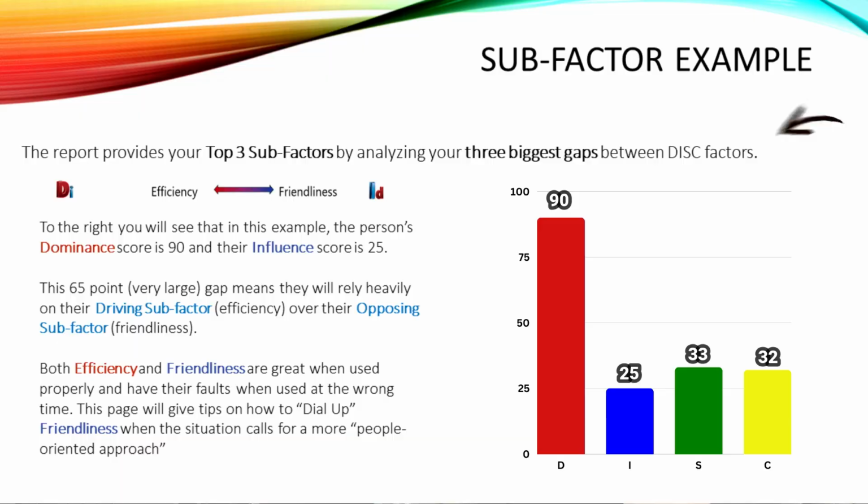So over here, it says the report provides your top 3 subfactors by analyzing your biggest 3 gaps between the DISC factors. To the right, you'll see in this example, the person's dominant score, as we already mentioned, is 90. Their lowest score is their I, and that is sitting at 25. So their delta is 65 points, which is a very large gap. This means that they're going to be relying very heavily on this particular subfactor.